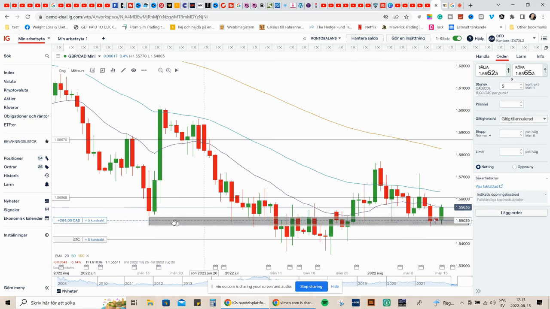So when you see support and resistance at the same structure over here, then it's strong. This is a major one. And you have this morning star setup at this major demand zone. So I got a very good entry here, very close to the bottom.